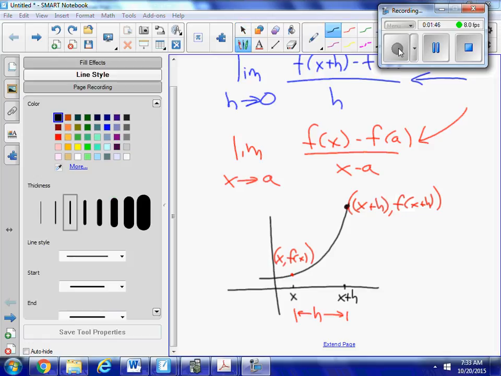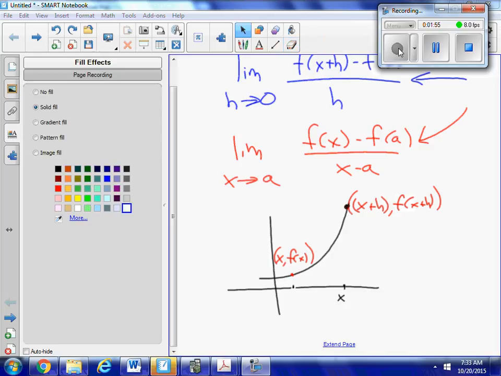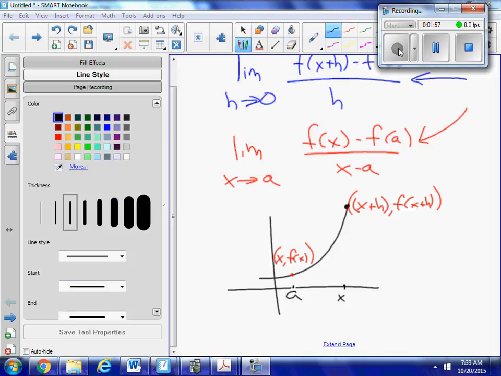What I'm going to do is change this point right here to be x, and this point right there to be a. So here is a, and there is x, and so the distance between them is x minus a. I think that's pretty clear.